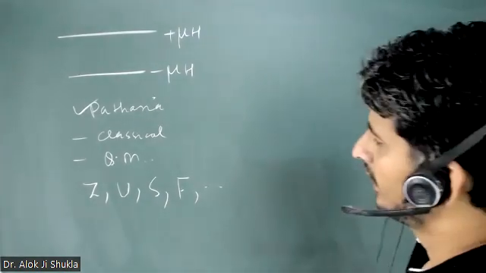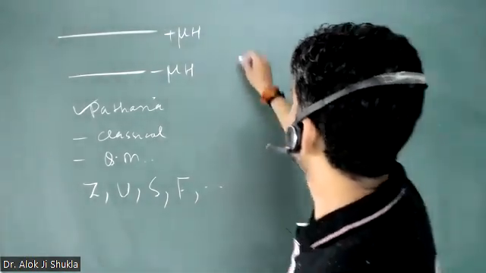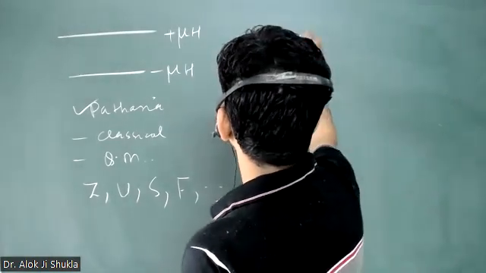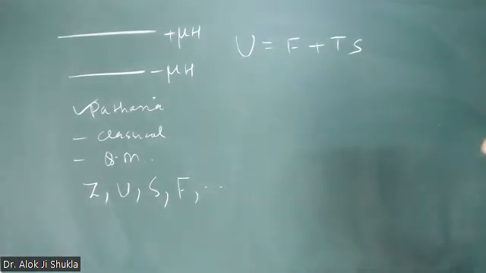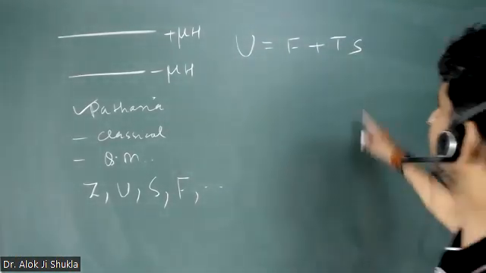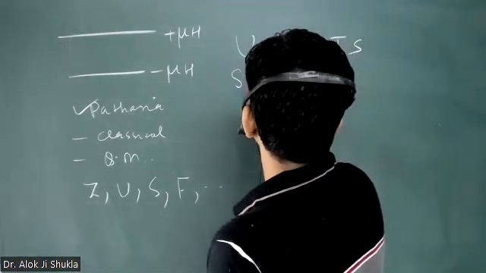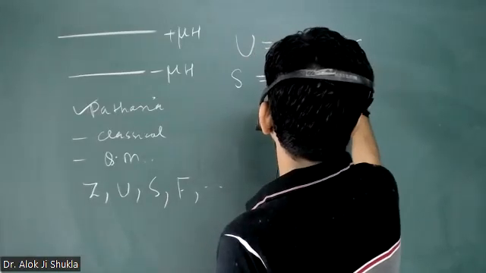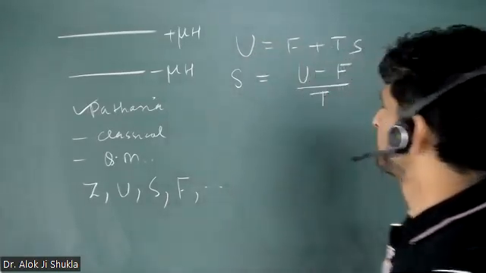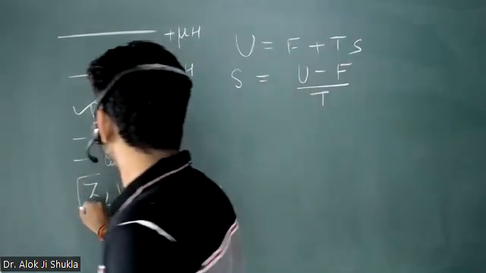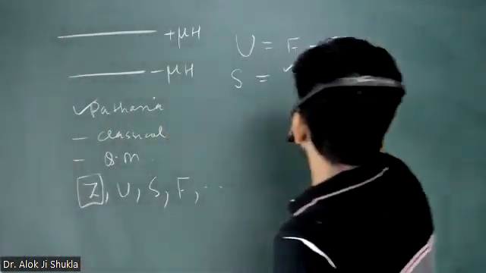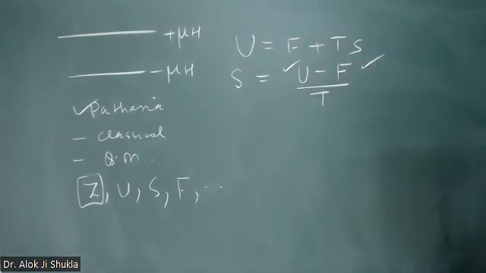If you remember, U is equal to F plus TS. So S is equal to U minus F by T. Yes or no? Once you write Z, you are able to write U, you are able to write F. Am I right?